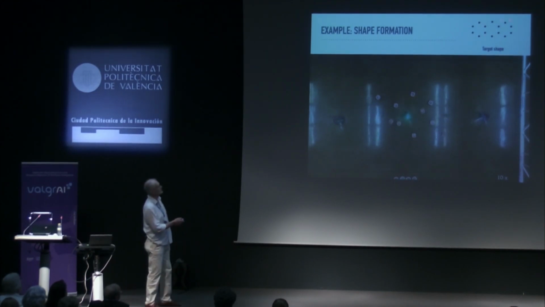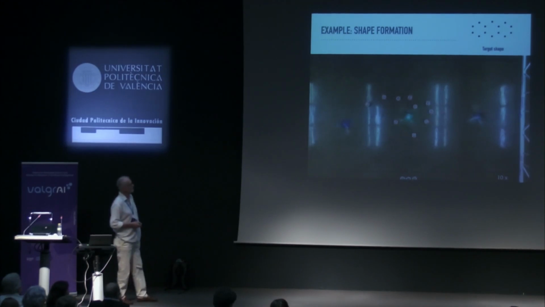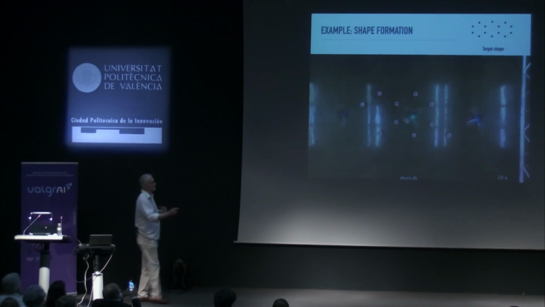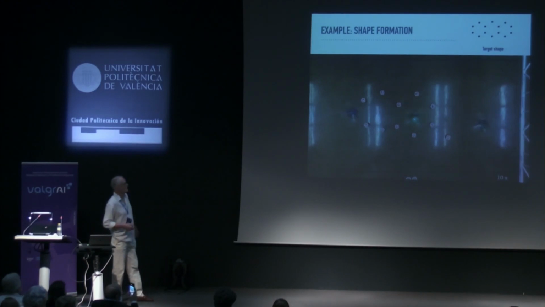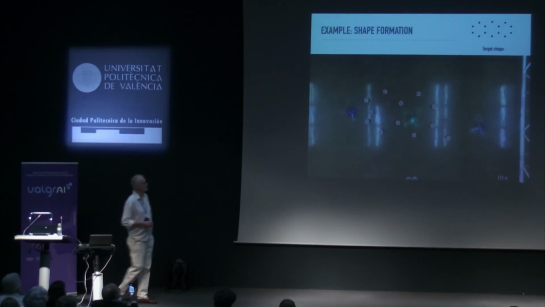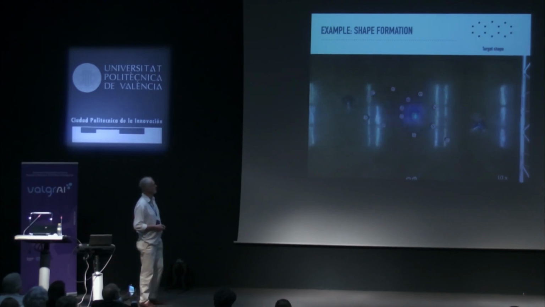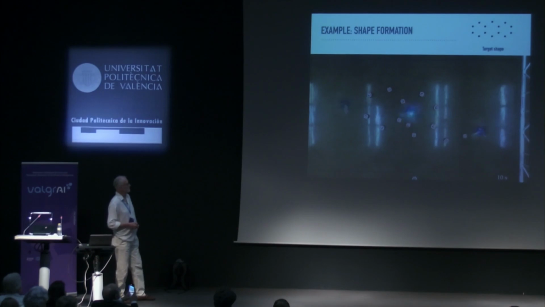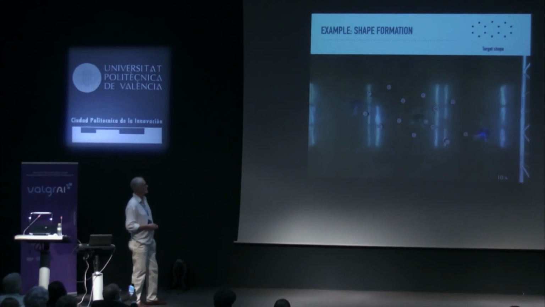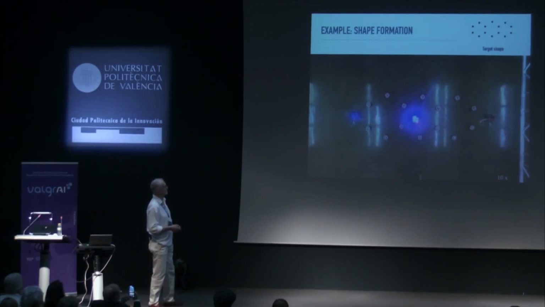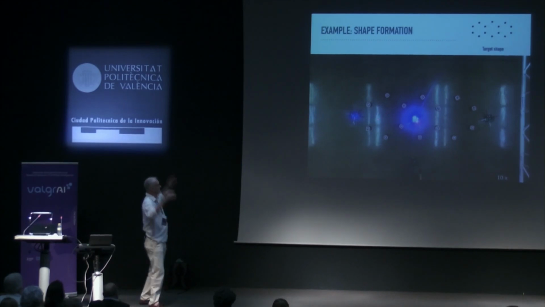The target shape is this one, and the drones and the ground robots are adapting to each other's position until they manage to create the desired shape. Okay, so this is the desired shape. You see this robot is not here just because it's from the top.